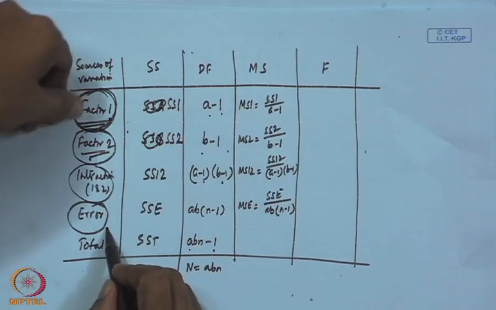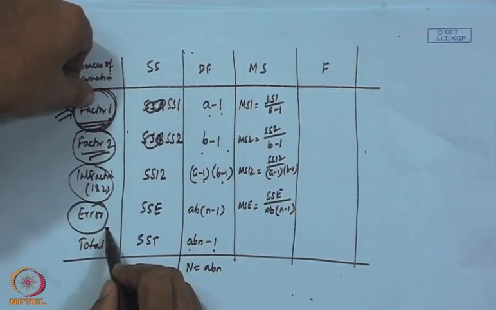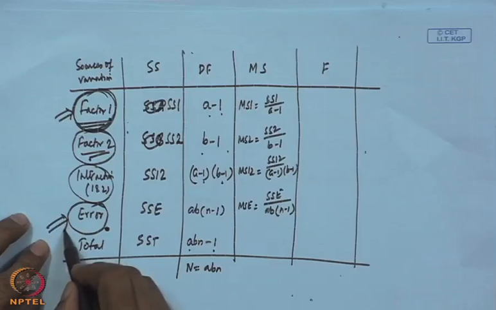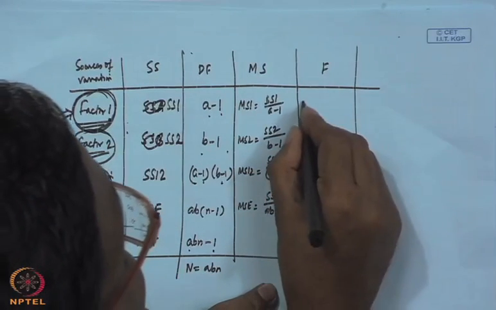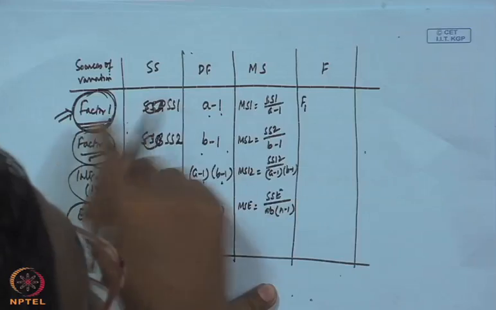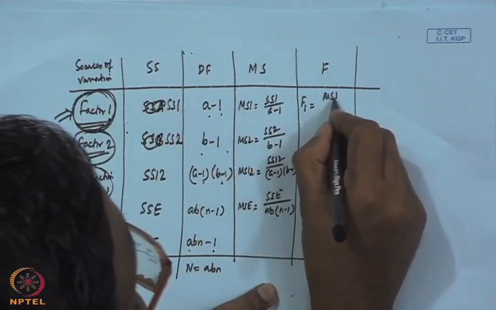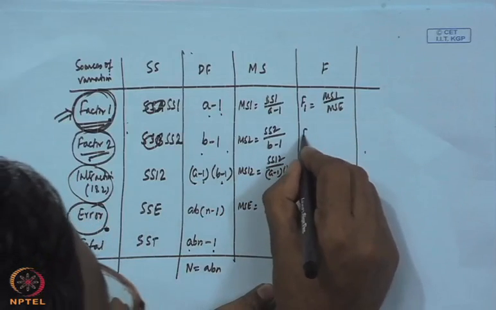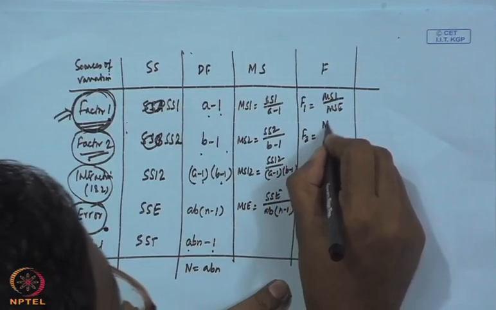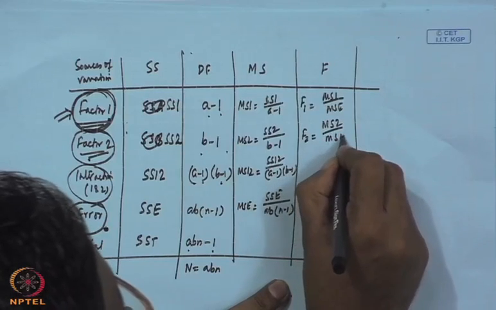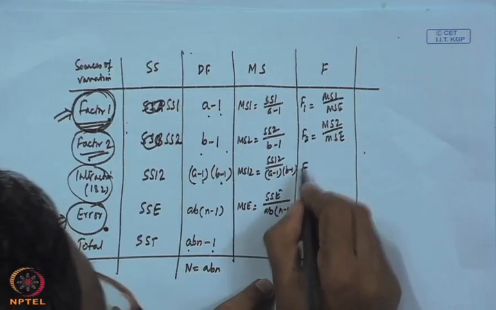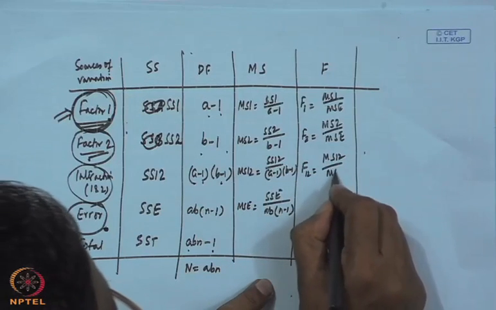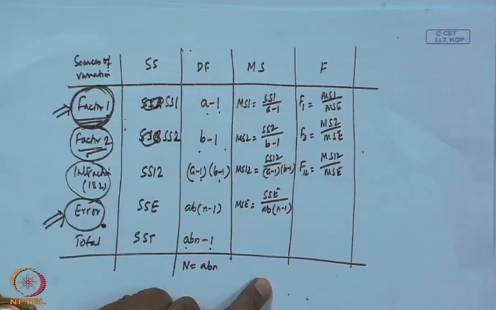So, every sum of squares, here we take the mean squares, will be compared with error. As a result, for factor 1, F1 will be MS1 by MSE. For factor 2, it will be MS2 by MSE. For 1 2, MS12 by MSE. These are the things you want to test.